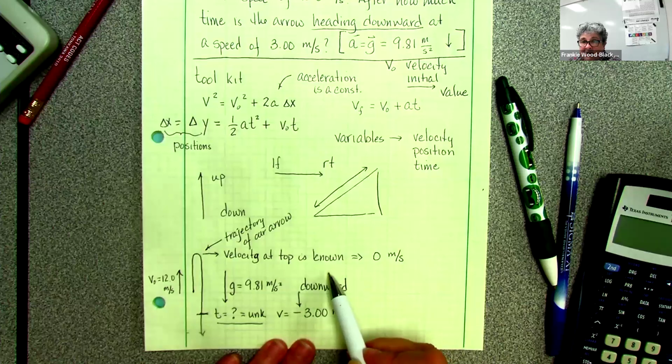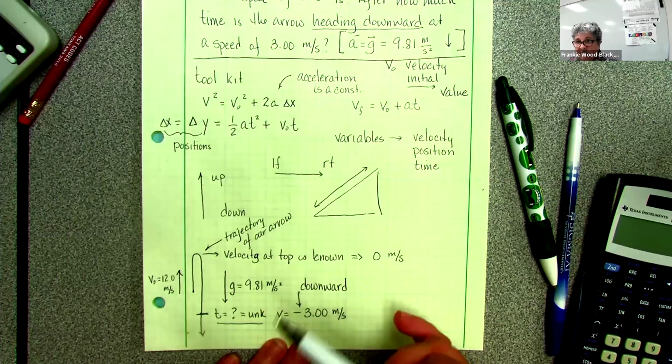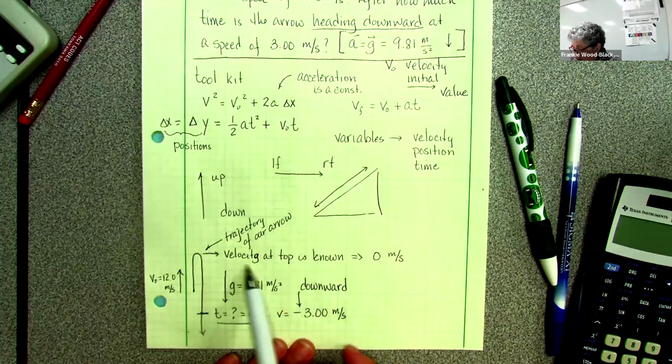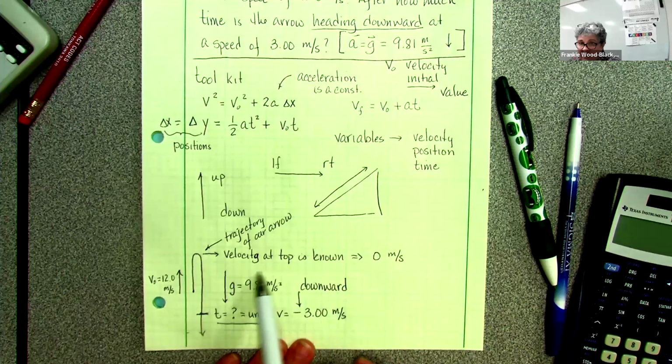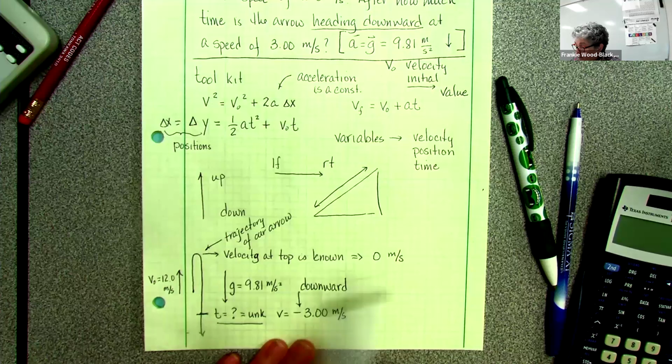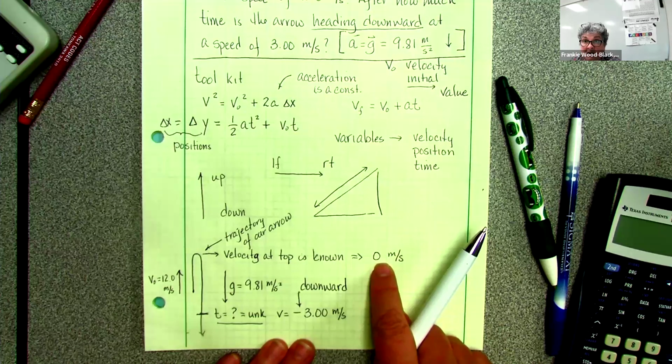So when we're looking at some of the other homework problems and we're working on some of the stuff that we're getting into in chapter 2, we actually know what that velocity at the top is. That velocity at the top is 0. I don't have to know it for this problem, but there are other times that we may need to know that the velocity at the top is equal to 0.